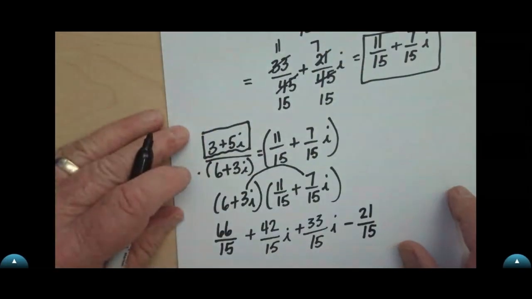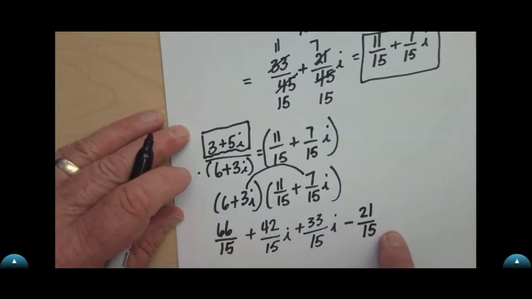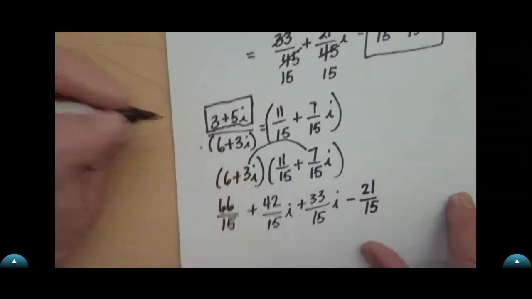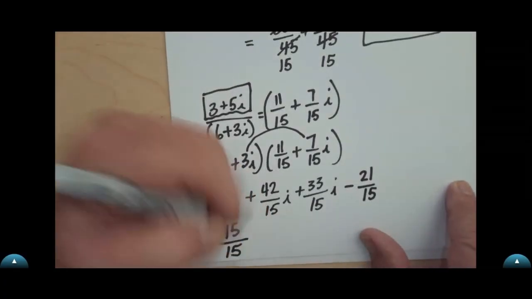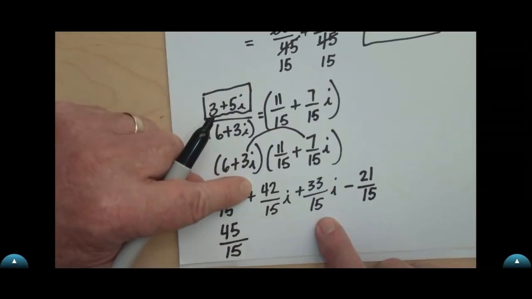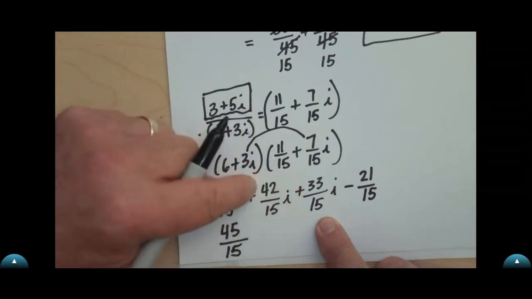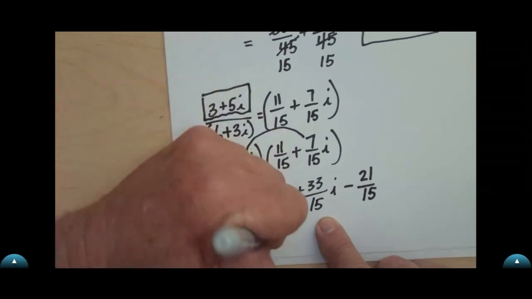And when I combine like parts, 66 over 15 minus 21 over 15. 66 minus 21 is 45. So I get 45 over 15. And then when I add the imaginary parts, 42 plus 33 is 75.